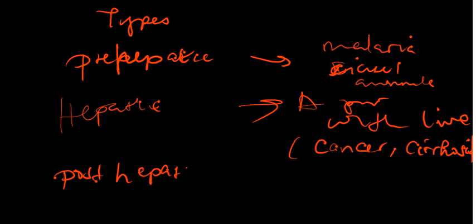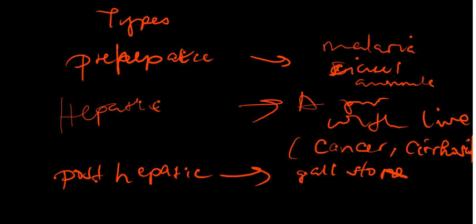So this one is when the bile ducts are blocked. This can lead to what we call gallstones, because now the bilirubin is going to crystallize and form gallstones.